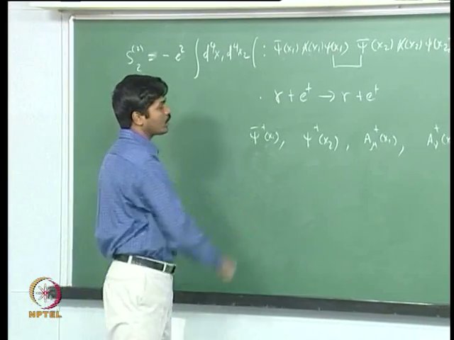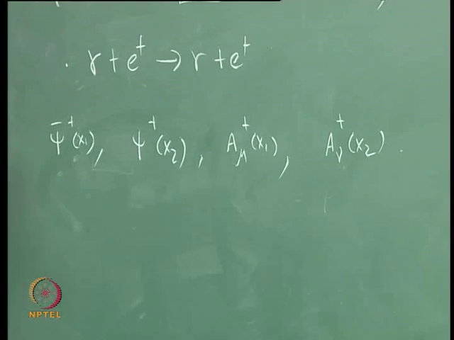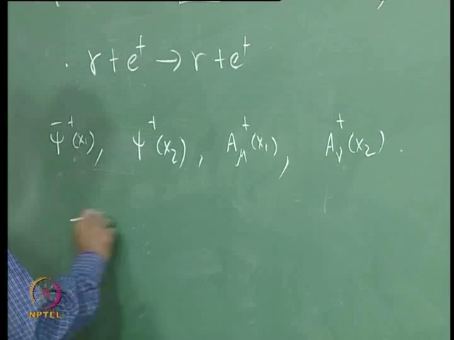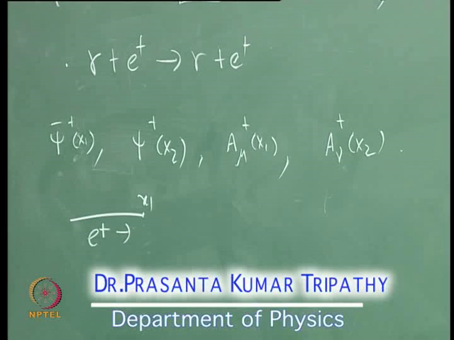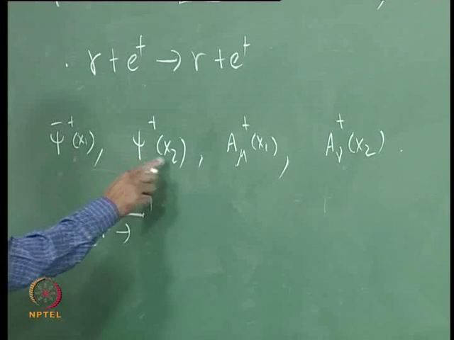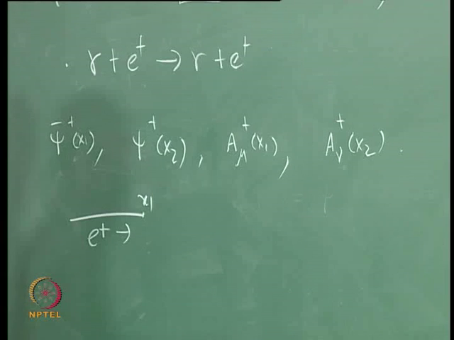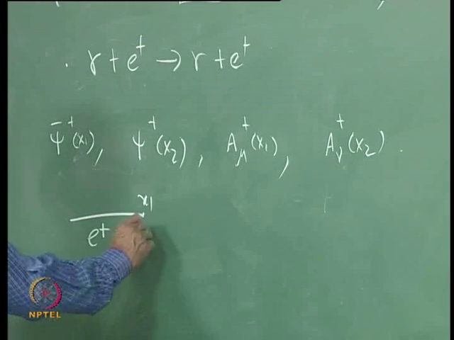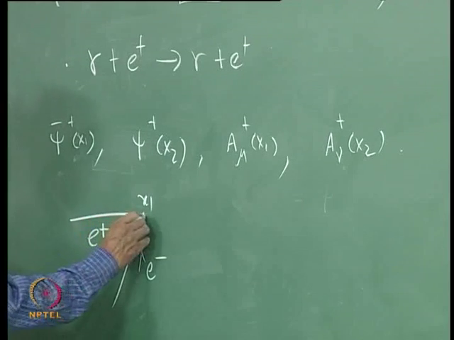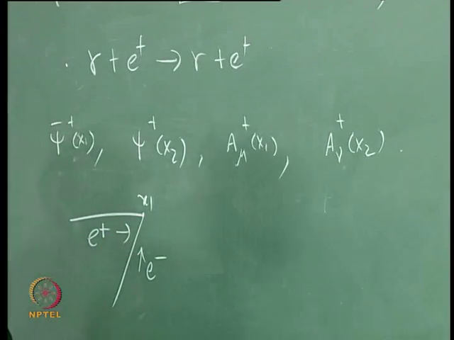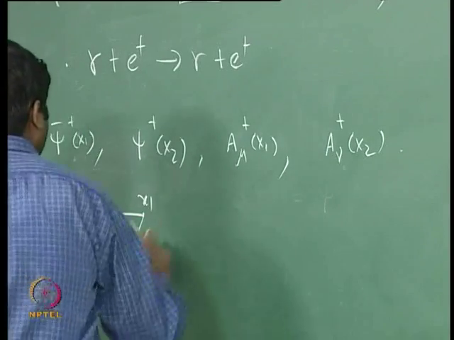What is psi bar plus of x1? Annihilation of a positron at x1. So you have a positron, this is let us say x1, an incoming positron which is annihilated. What about psi plus of x2? It is annihilation of an electron. There is an incoming electron which is annihilated at x2.